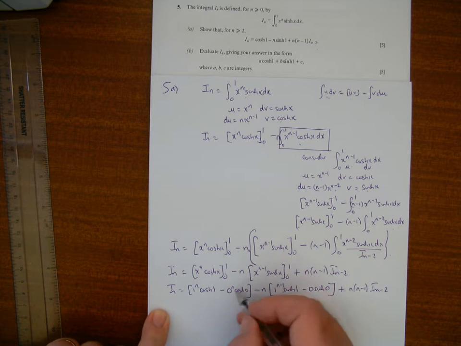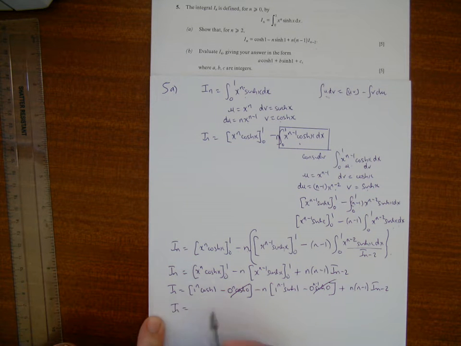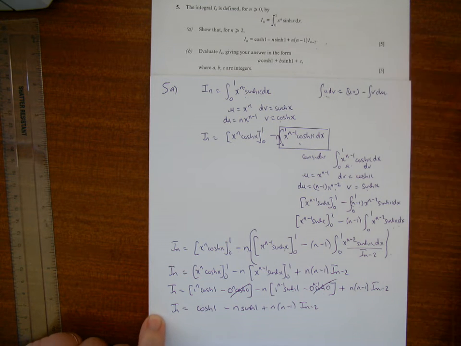Right, 0 to the power of n is 0, 0 to the power of n minus 1 is 0. 1 to the power of n is 1, cosh 1 is just cosh 1, minus n. 1 to the power of n minus 1 is 1, and sinh of 1 is sinh 1, plus n minus 1 I_(n minus 2), which is what it's asked me in the question.